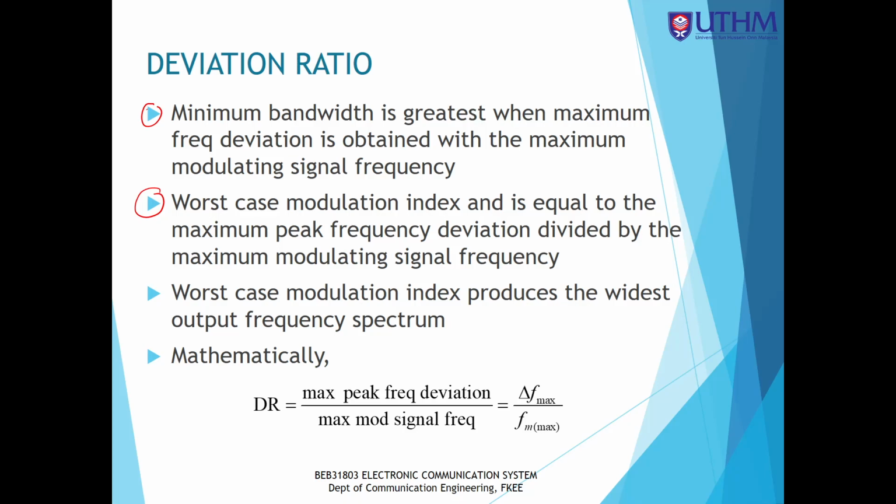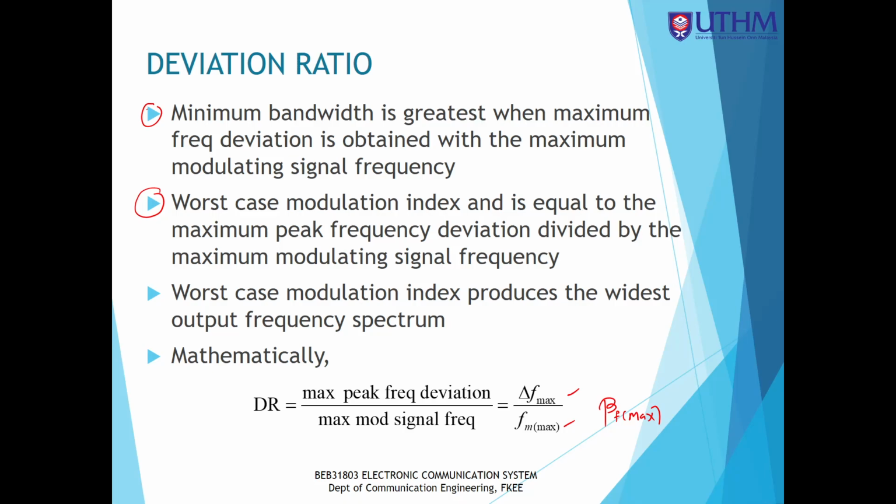Mathematically, deviation ratio is delta F max divided by Fm max, which is beta F max.